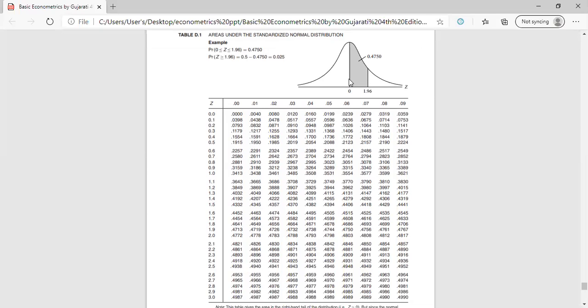You got this part. But how about this part? This whole area is still there. What is this probability? 0.5. So you add 0.5 with 0.4938.